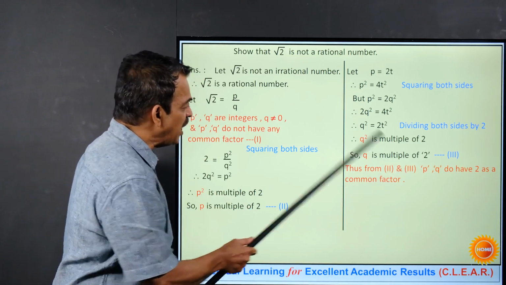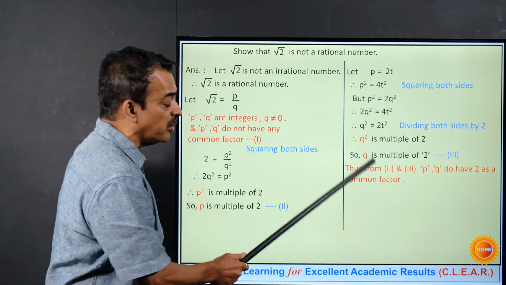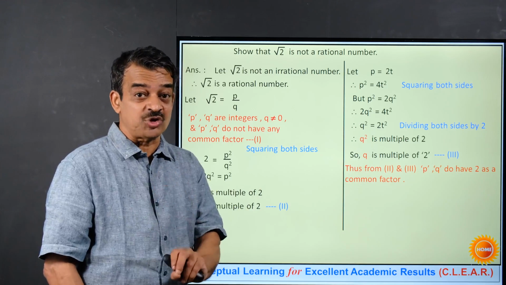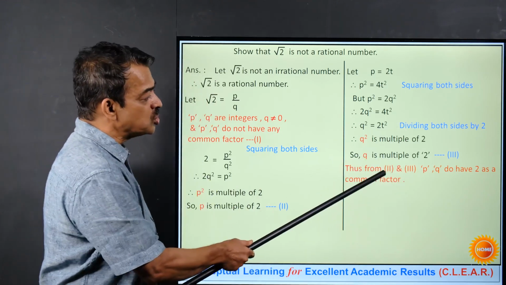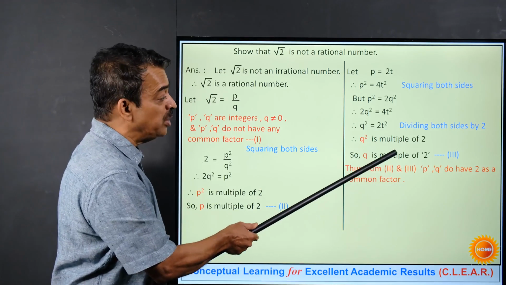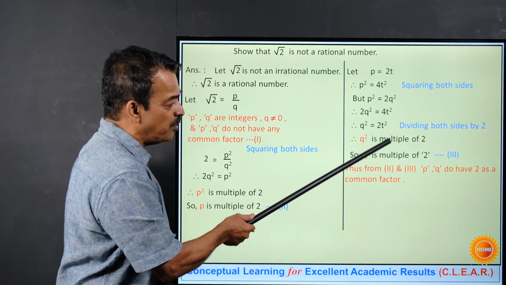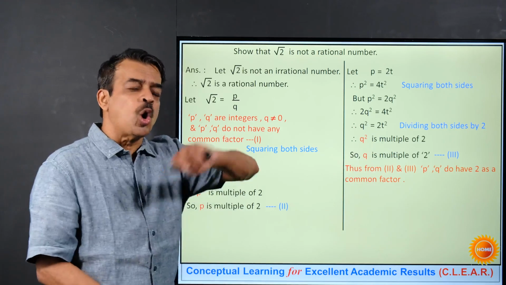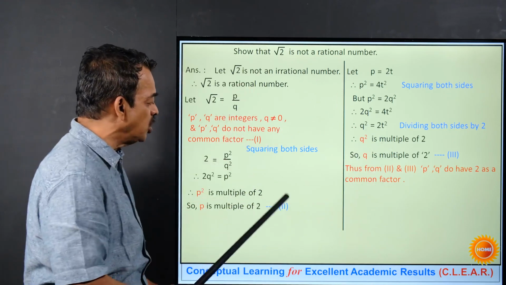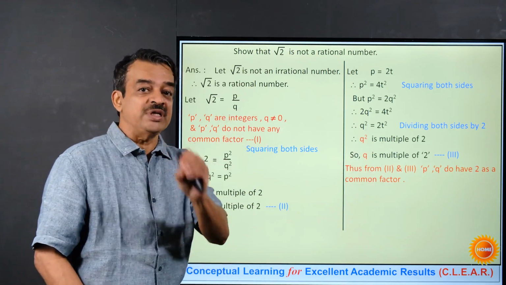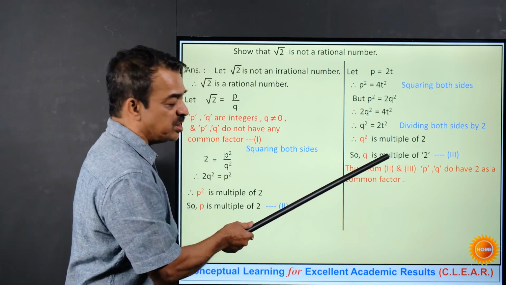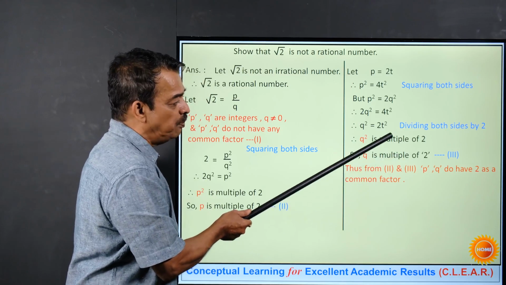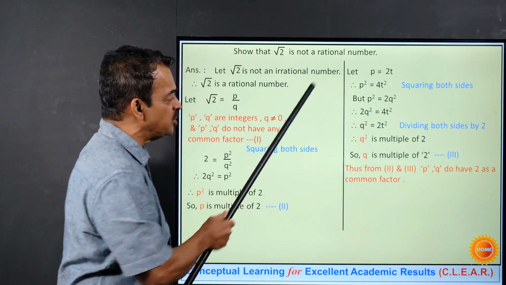Okay, so when I come across this kind of contradiction, I have to check why I come across this contradiction. So this contradiction has appeared because of this, this has appeared because of this, and so on and so forth.